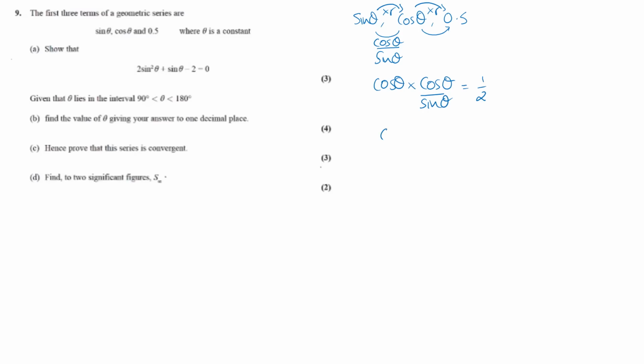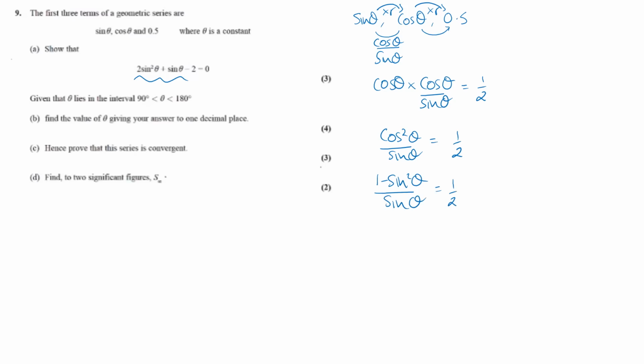Timesing those numerators together, we'll get cos squared theta over sine theta is equal to a half. We can see where we're going is a quadratic in terms of sine, so we need to get rid of the cos squared, and we can replace that with 1 minus sine squared, all over sine theta, is equal to a half.